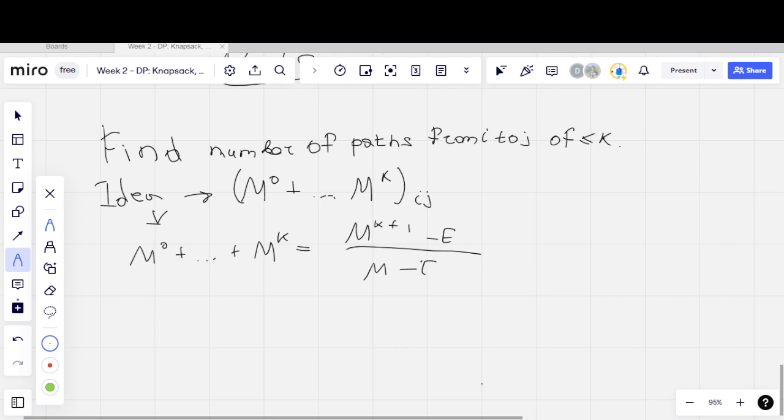But this isn't correct. This is incorrect because we can't divide matrices. It looks like this, not this. Do you remember this formula?